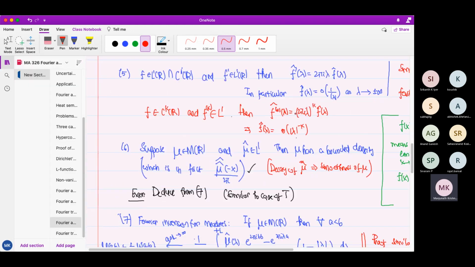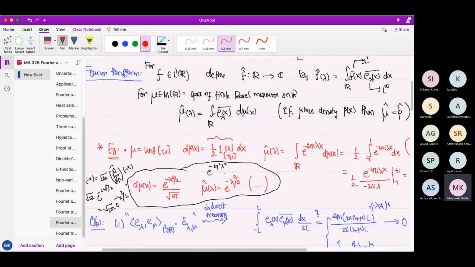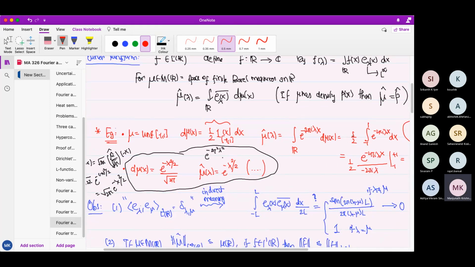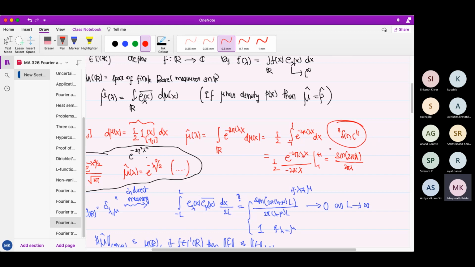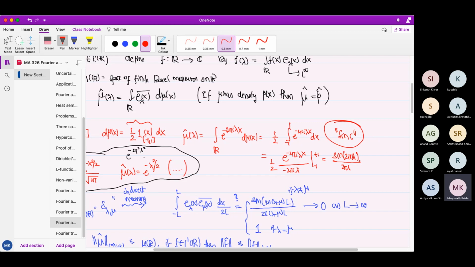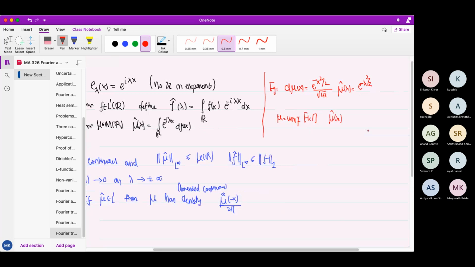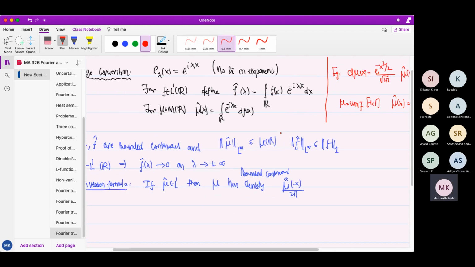I think it will just become sine x by x. So I had sine 2 pi lambda, over 2 pi lambda. The 2 pi won't be there, so it will be just sine lambda by lambda. I think this will be the Fourier transform and so on. Okay.